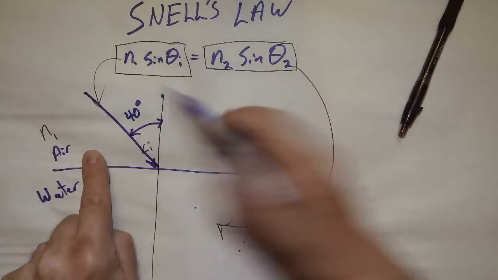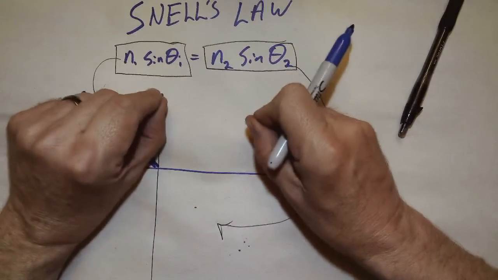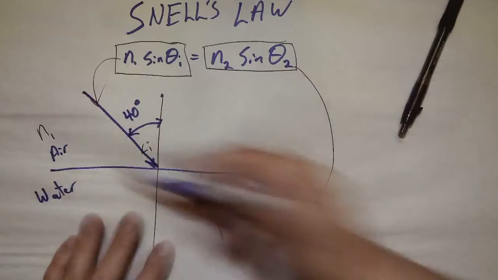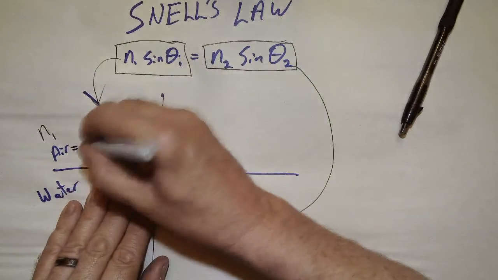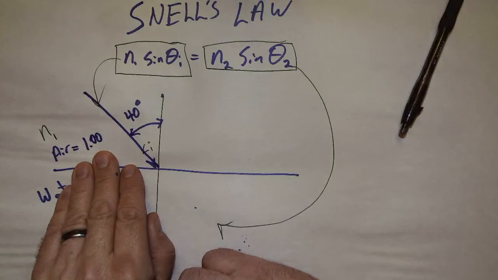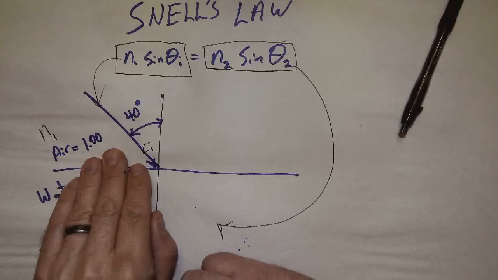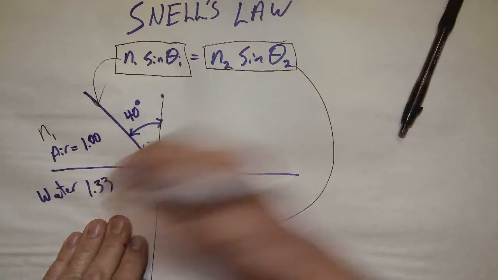What is the n of air? Well, light moves about as fast in air as it does in a vacuum. So air is 1.00. It's not exactly the same, but it's pretty close to the speed of light in a vacuum. Water, well, we know water is 1.33.